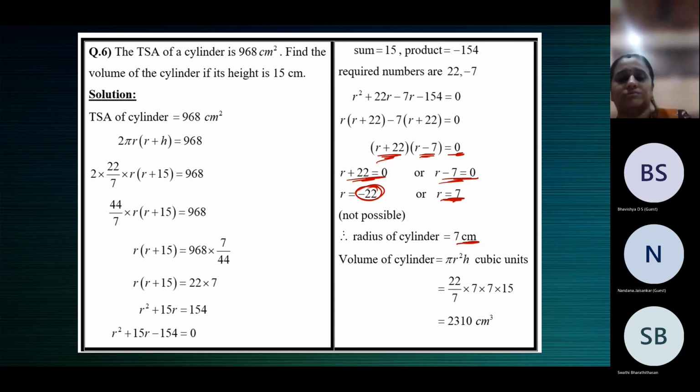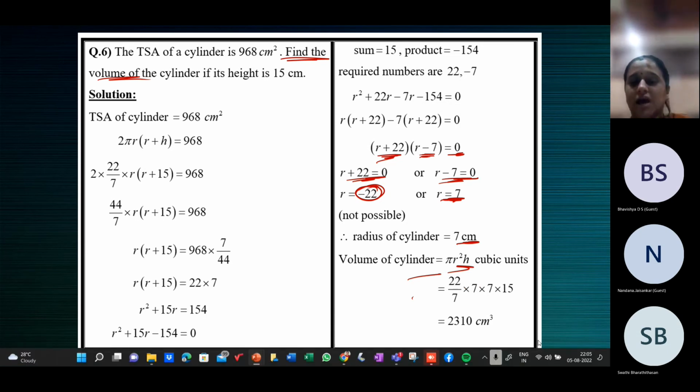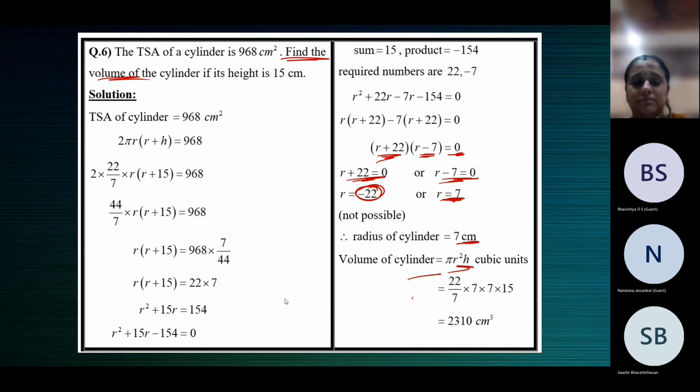Now we have to find the volume of the cylinder. The volume of the cylinder is pi r square h. Pi is 22 by 7, r we found to be 7, so r square is 7 into 7, into h, which is already given in the question, 15. Here we don't take minus 22 because the radius cannot be negative.